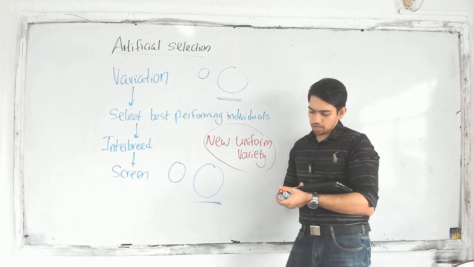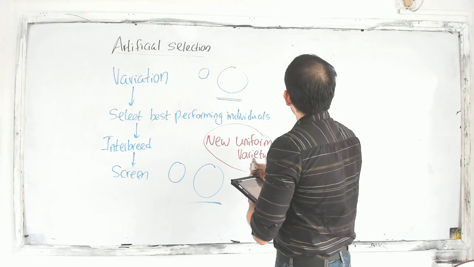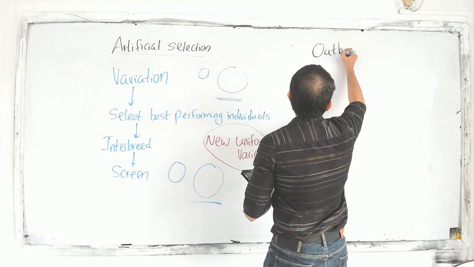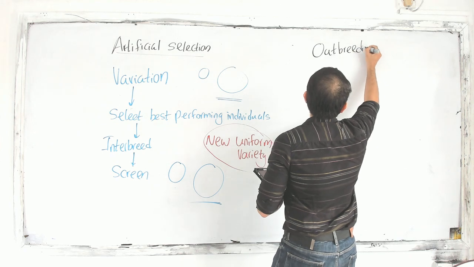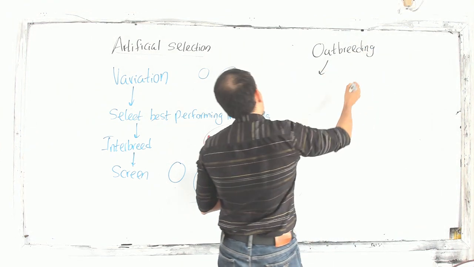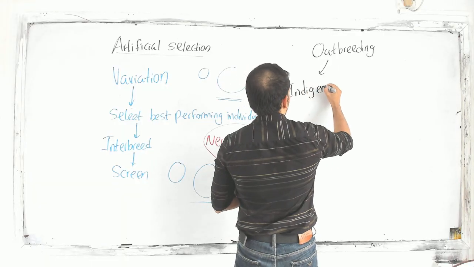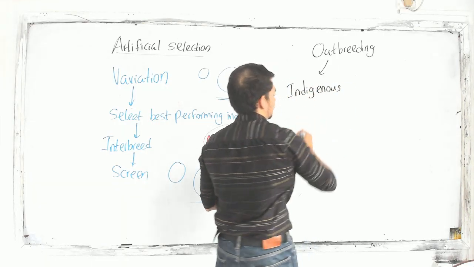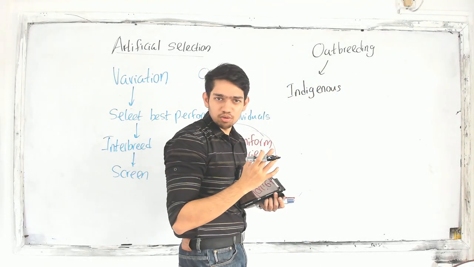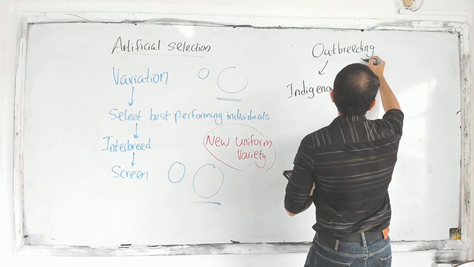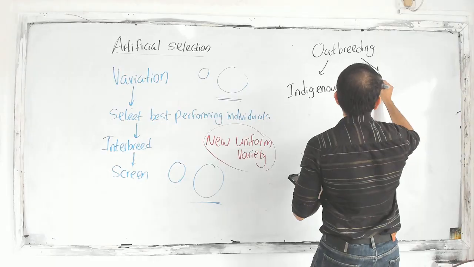In outbreeding there are, of course, two parents, known by two nice names. There is a normal local parent, we call it indigenous, nothing special about him. We are going to cross him or her with an exotic one.